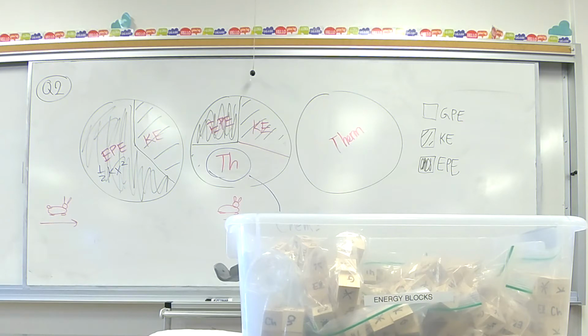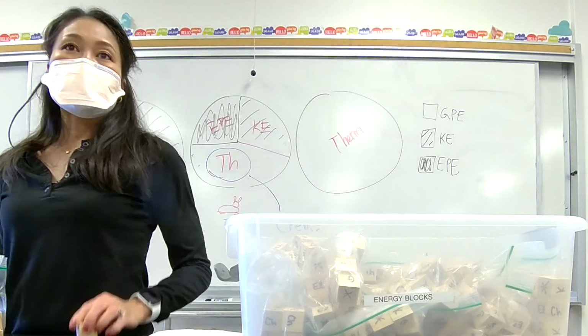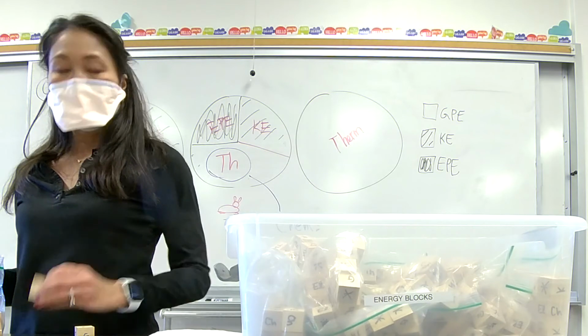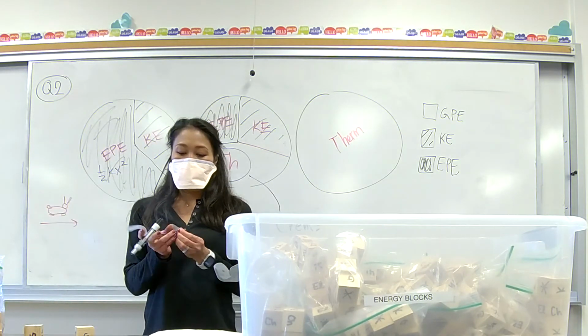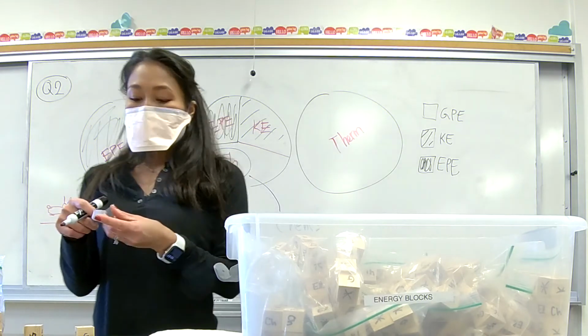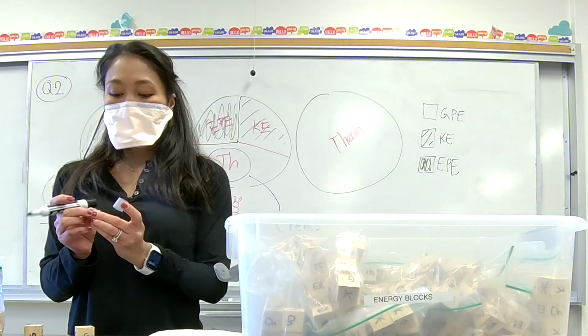My initial scenario, when the Jeep is at the bottom, what energy type would I have here? What do you think? What energy would I have? Danny. I feel like both kinetic energy and gravitational potential, probably mostly gravitational.